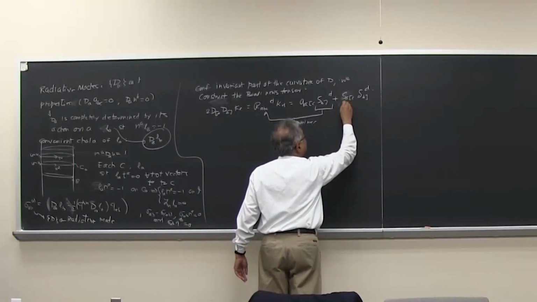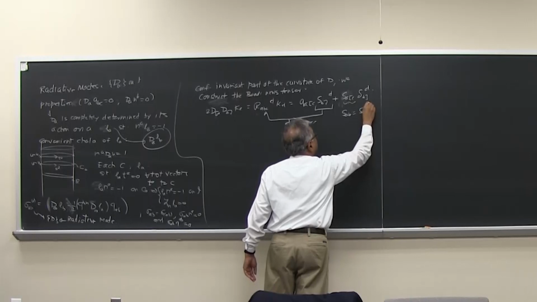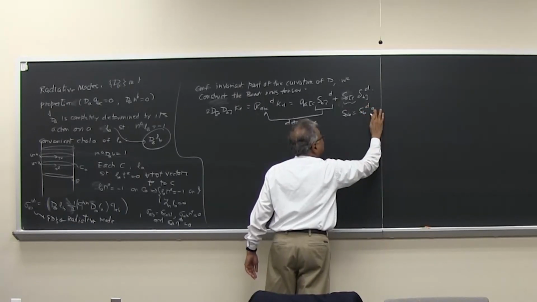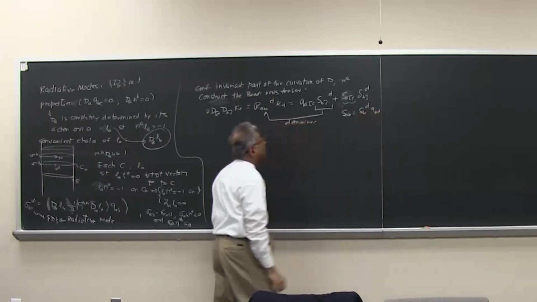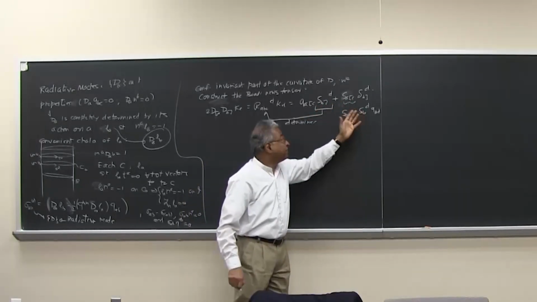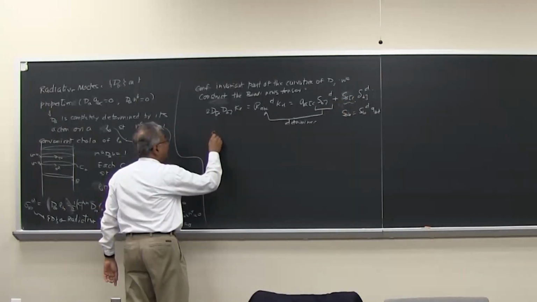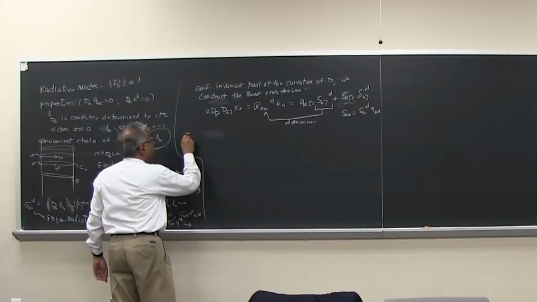And this S with the downstairs indices is just obtained by lowering the index with Q. So going from this tensor to this tensor, we lose a little bit of information. But for the Bondi news, we just look at this tensor up here.